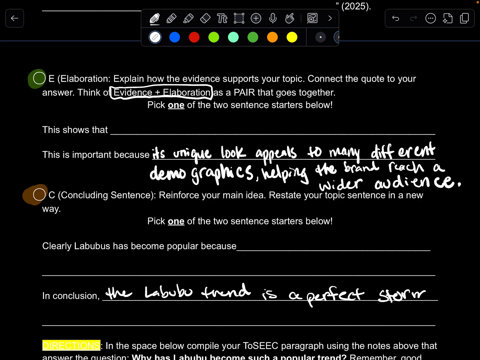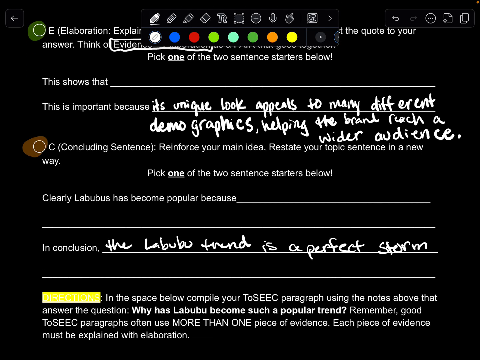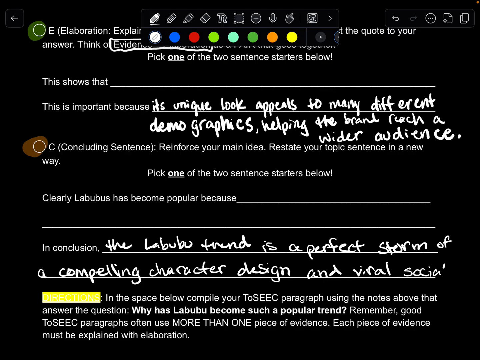That was really just an excuse to use the word storm because I've been rewatching X-Men 97, of a compelling character design and viral social media presence.